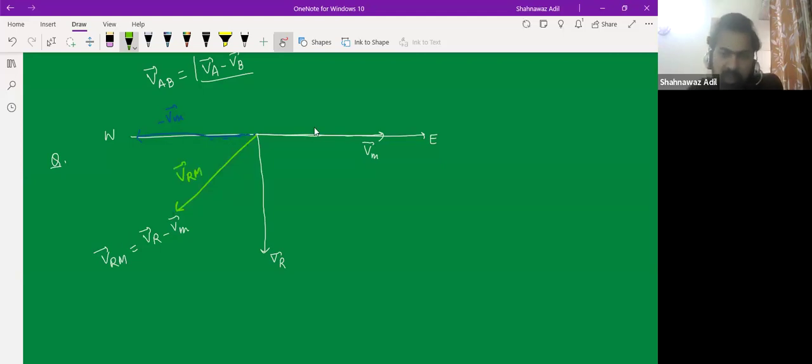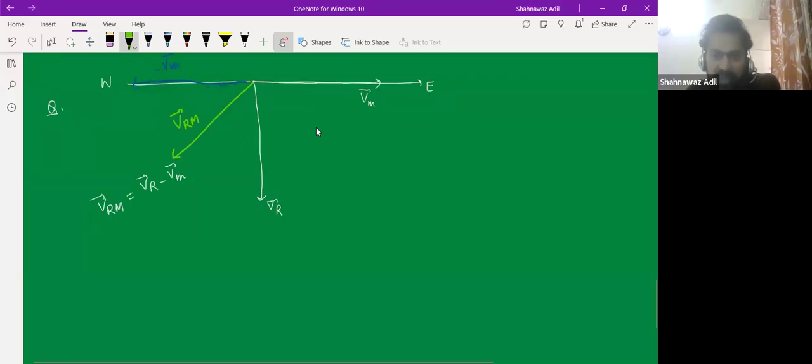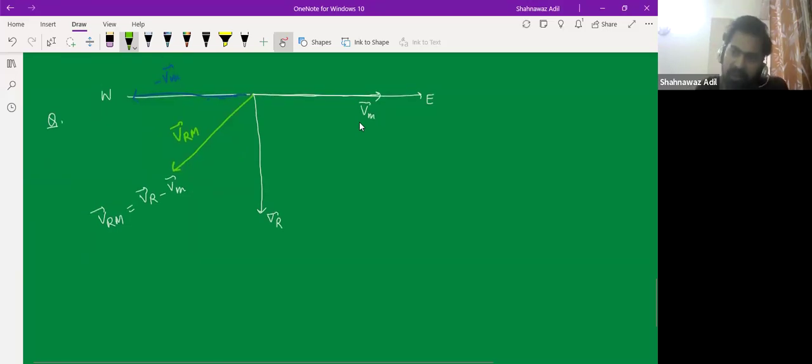And this question becomes very simple if we use the IJK formula. So velocity of man, in IJK formalism, would be velocity of man magnitude in the I hat direction. And velocity of rain is velocity of rain magnitude in the minus j hat direction, so this is minus VR j hat.